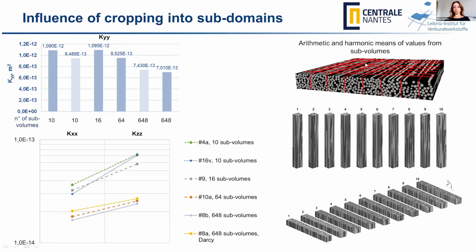It's a series of arithmetic and harmonic means on the subvolumes afterwards. And that's what different participants did. What was interesting in the results here is that with the increase in the number of subvolumes, naturally, and this is an expected result, we reduce the permeability value.